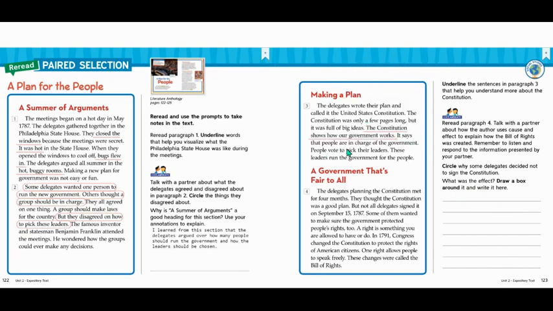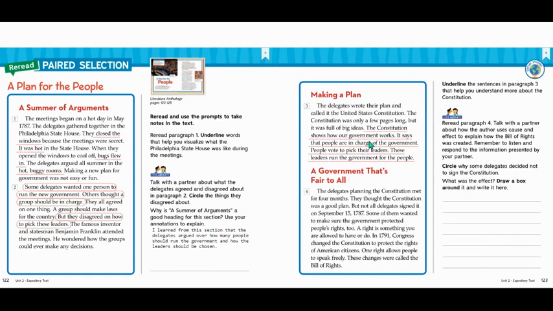It says that people are in charge of the government. People vote to pick their leaders. These leaders run the government for the people. I'm going to go ahead and underline this whole last part of this paragraph because it gives us a ton of information about the purpose of the Constitution. It's not just explaining that it was a document or a piece of paper, it's explaining its purpose and why it was written.